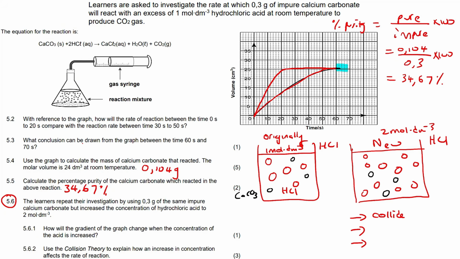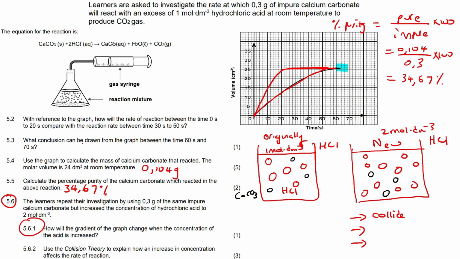That is the limiting reactant. So if something is in excess and you add more of it, you're not going to make any more product. Your products are not going to suddenly be up here. However, you are going to make the reaction rate faster, so you're going to reach the end of the reaction much sooner. Okay, cool.